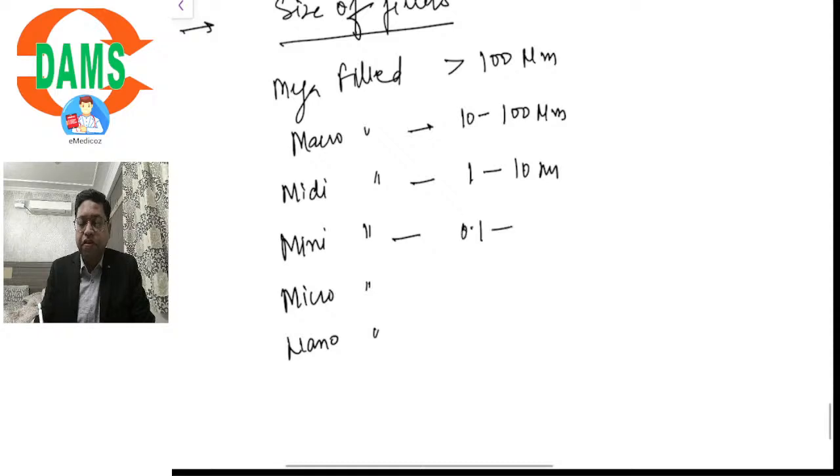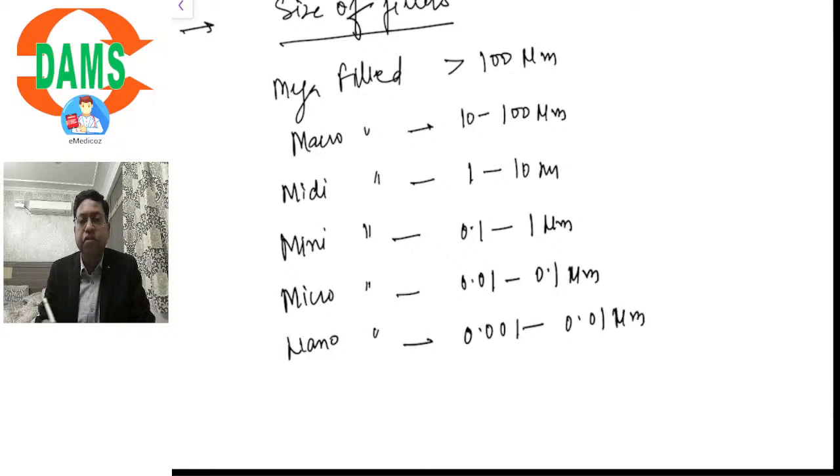Mini-filled are 0.1 to 1 micron in size. Microfilled are further smaller, 0.01 to 0.1 micron in size. And the smallest type of fillers are the nanofillers, 0.001 to 0.01 microns. Sometimes this is 0.005 to 0.02 microns in size.